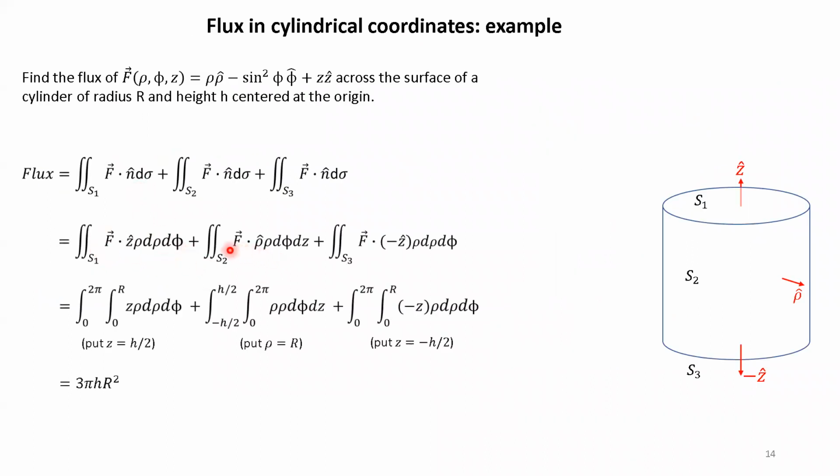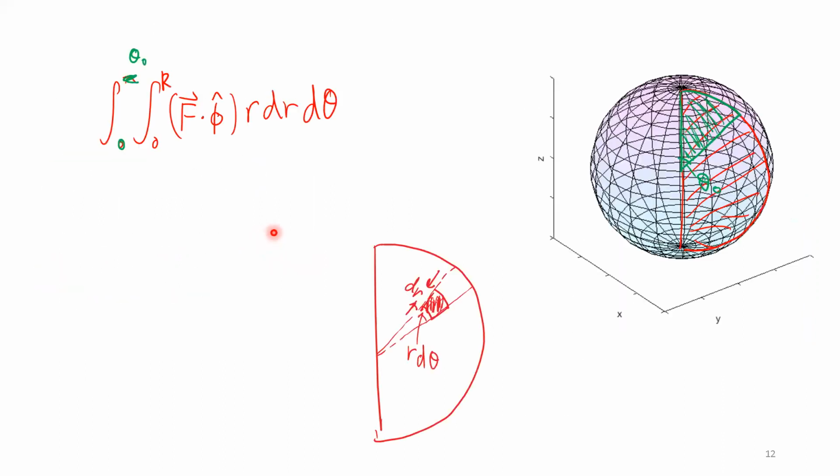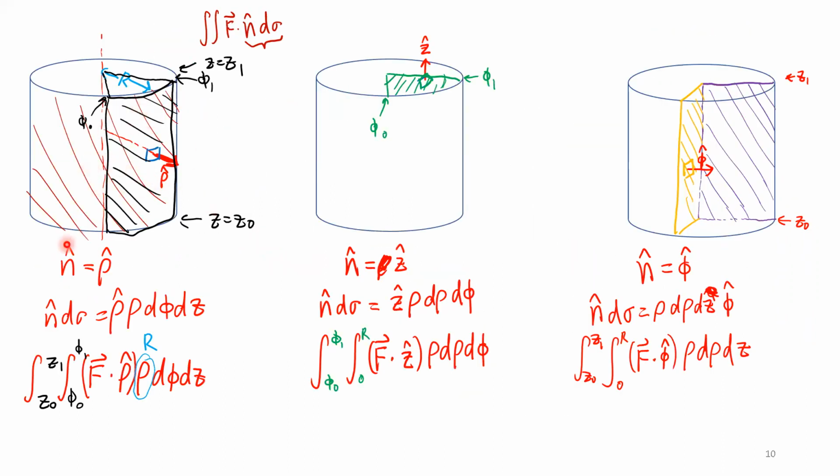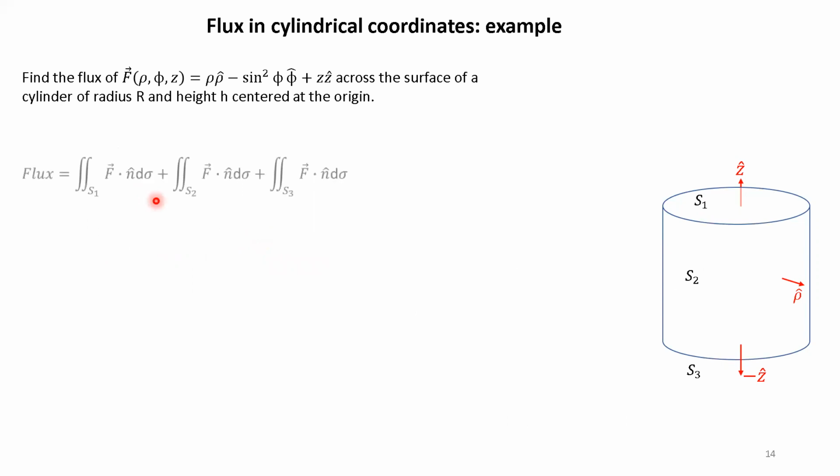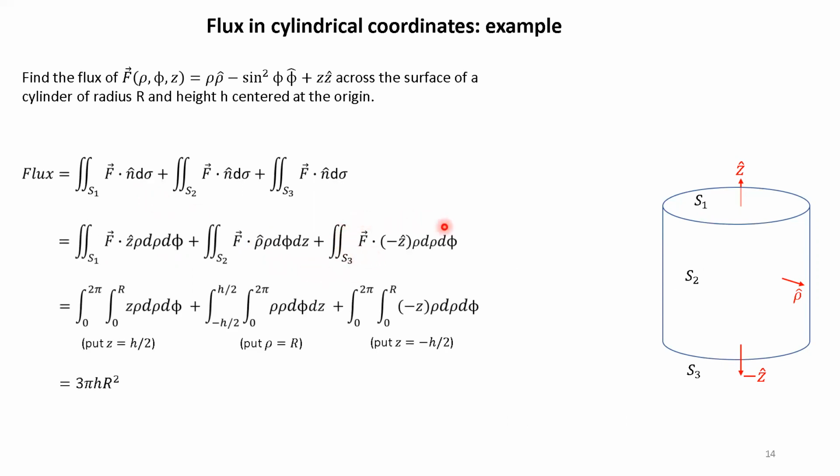And then the second one, which is the curved one, is the same treatment as what I have just told you here. And finally, the third one is very similar to the first one, but now you need to make sure that you have the minus sign here.